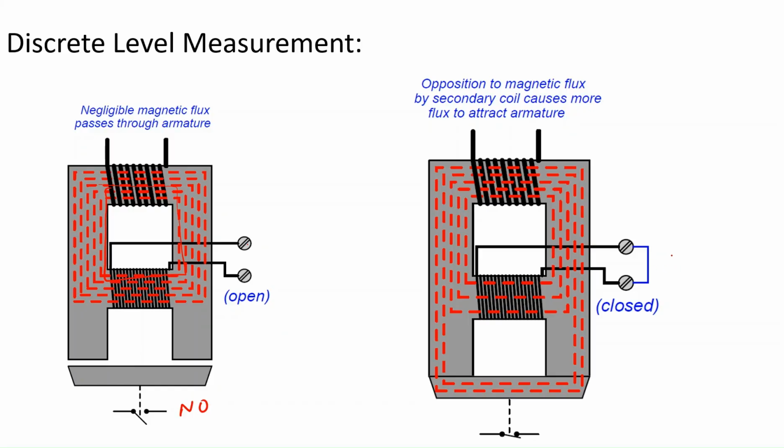Whenever these probes see the liquid, they create a low resistance path like this. Because of that, this secondary winding will generate an opposing magnetic field to this primary winding. Because of that, some of the magnetic flux goes towards this side. Because of that, this armature will be attracted upwards, and this contact will change its position. Earlier it was NO, now it will become NC. You can use this contact for turning the pump on or off, as per the requirement.